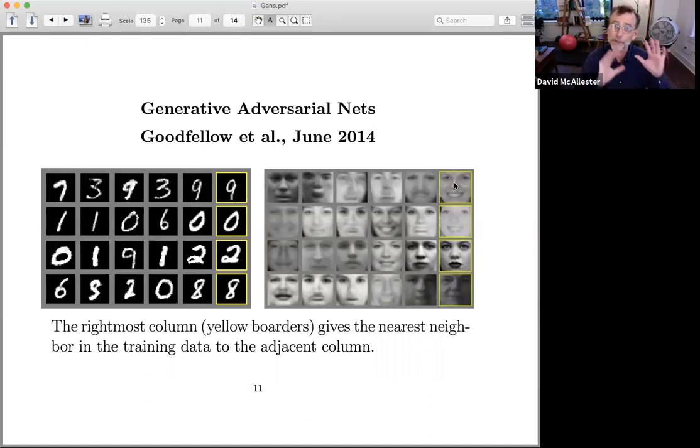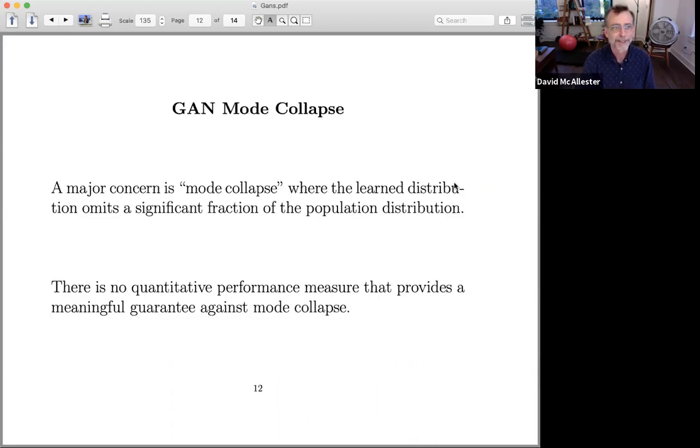But this was 2014. This was a long time ago, and we're going to talk about what's happened with GANs in the next unit. There's this other thing that is worth mentioning, and we'll come back to, and that is it's very difficult to know if the generator is really covering the space of all images.